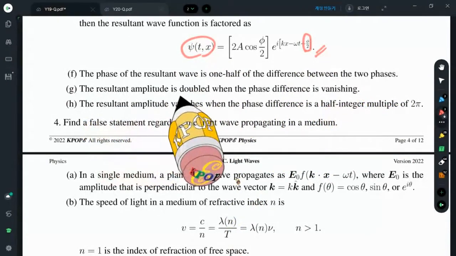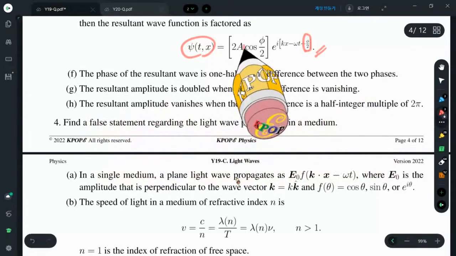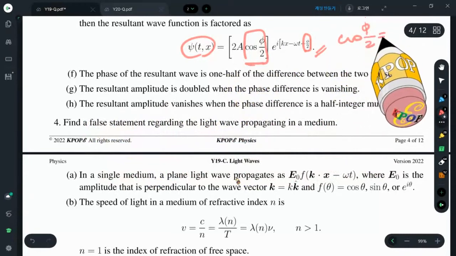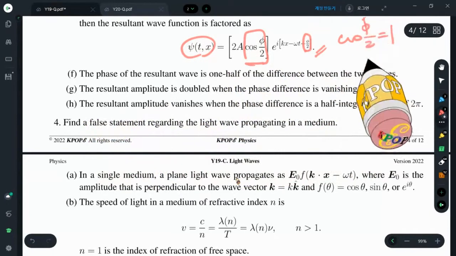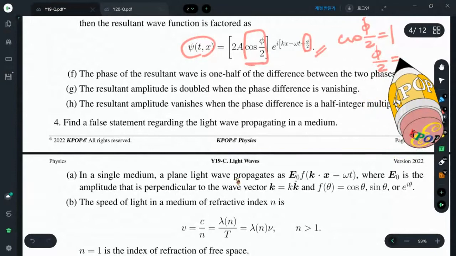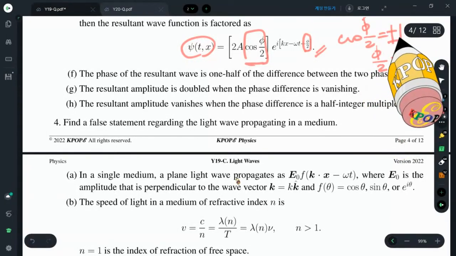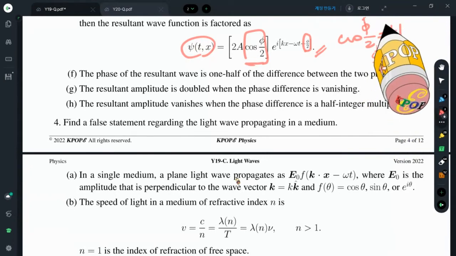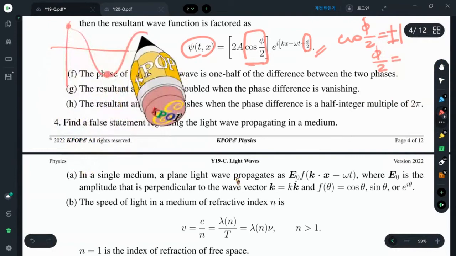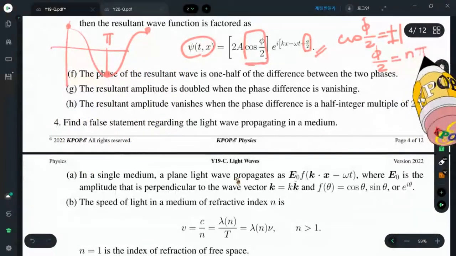The resultant amplitude is doubled when the phase difference vanishes. Yes, cosine of half of phi equals 1, and in terms of amplitude it is plus or minus 1 when half of phi equals n pi.